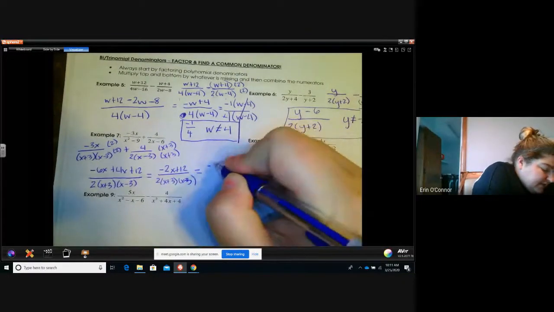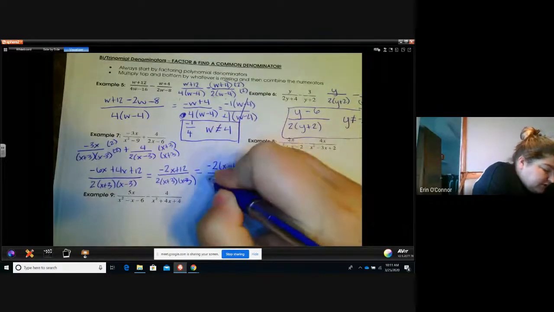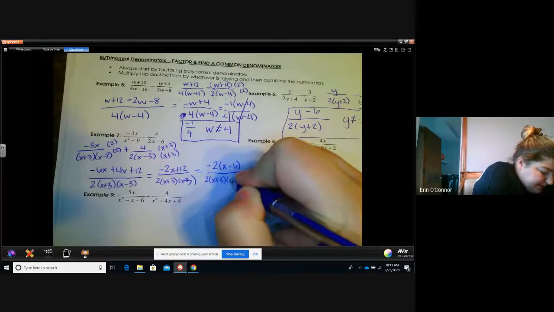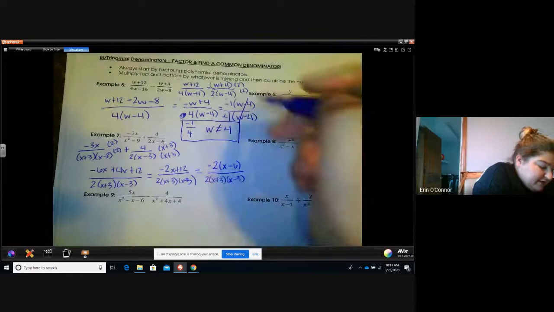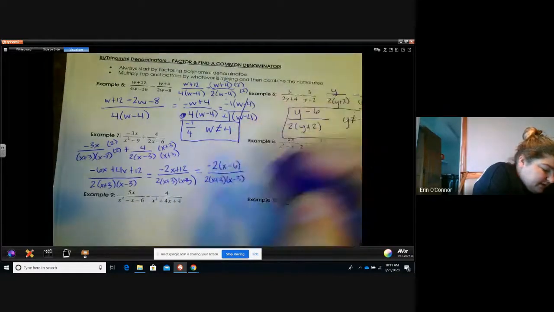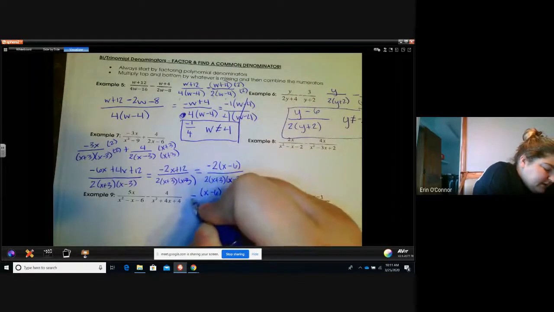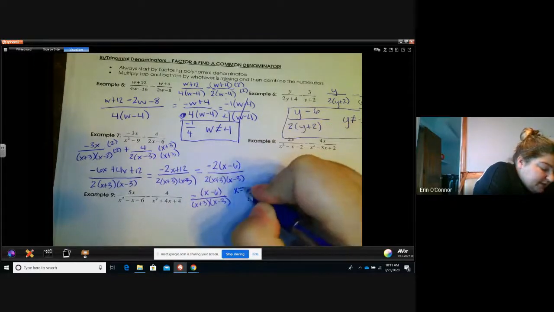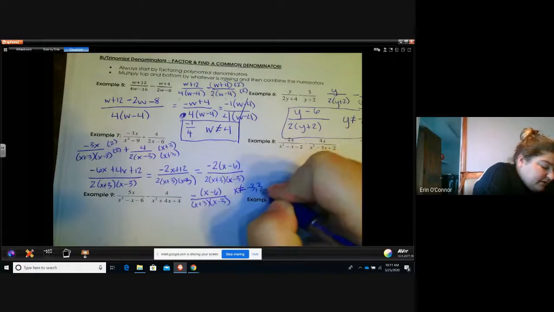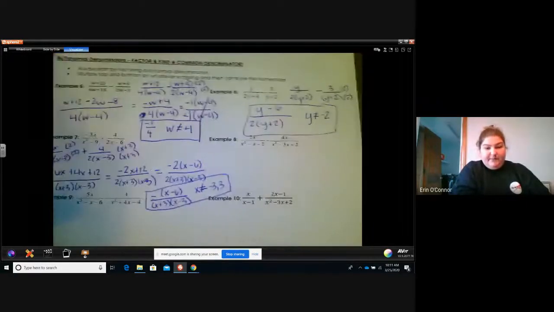And I get negative 2, x minus 6 over 2, x plus 3, x minus 3. The negative 2 and the 2 are going to cancel out, so it's just going to be negative x minus 6 over x plus 3, x minus 3, where x cannot equal negative 3 or 3. Sorry, we're slightly running out of room there.